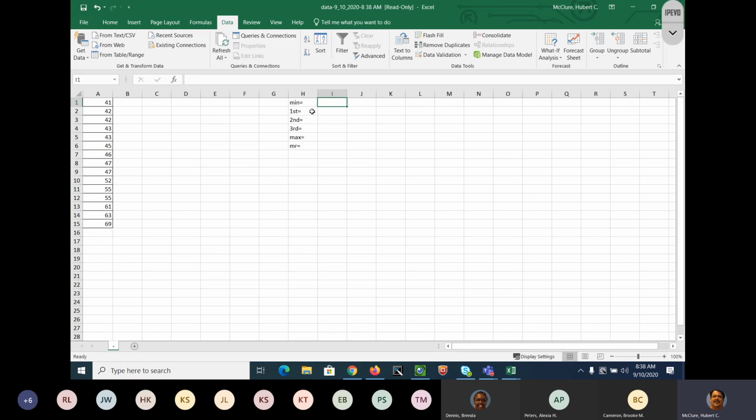Now the min is equal to that number. The max is equal to that number. And the mid-range is equal to the first plus the second divided by 2.